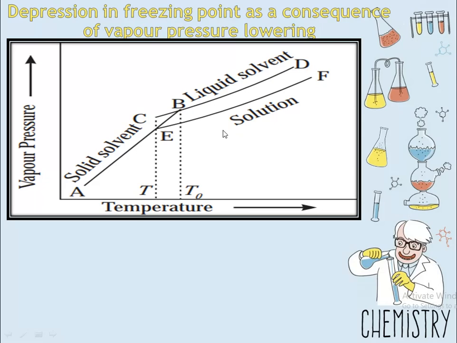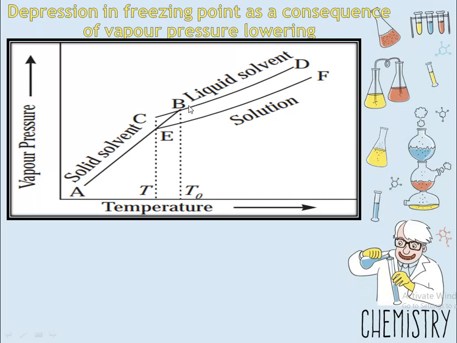As we know, the vapor pressure curve of a solution, that is EF, always lies below the vapor pressure curve of the pure solvent. Hence, the intersection of the vapor pressure curve of the solution and the solid always occurs at a point lower than TF naught.